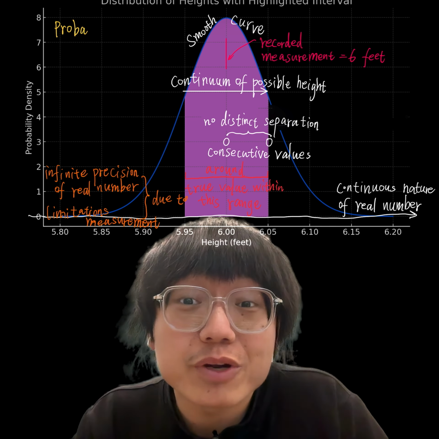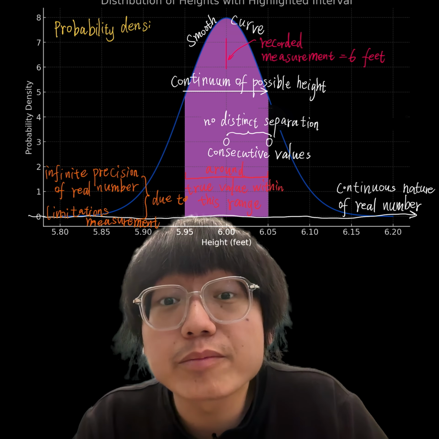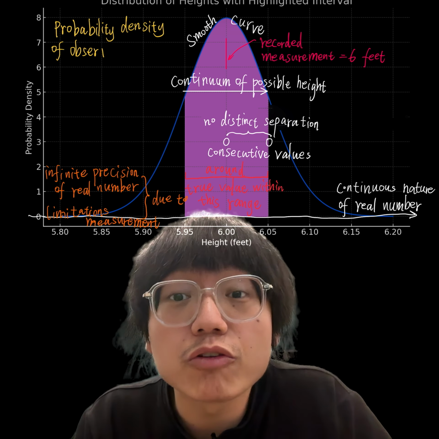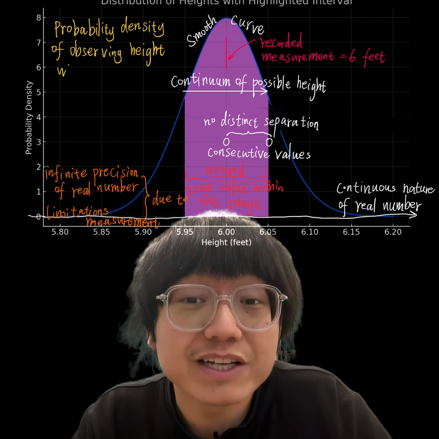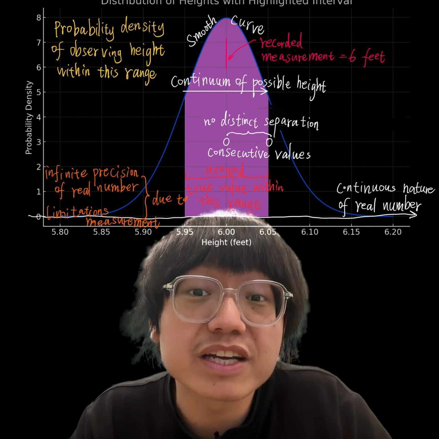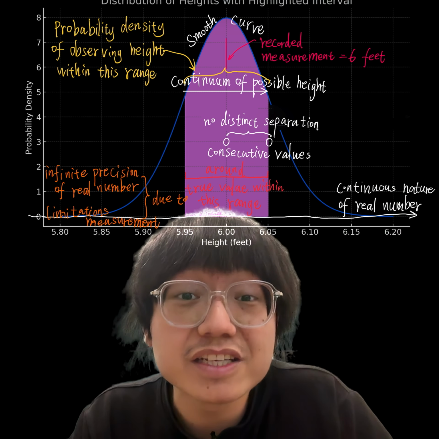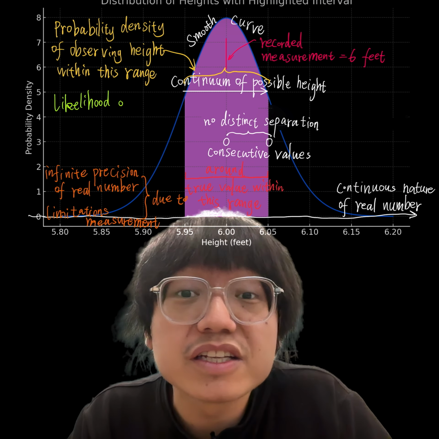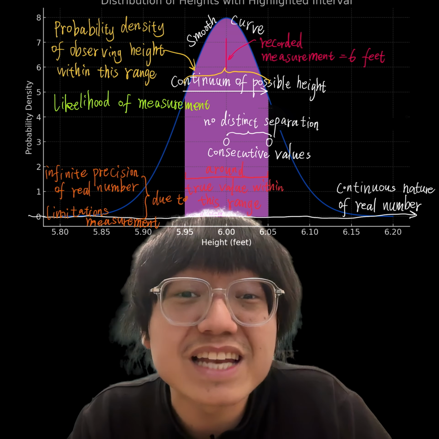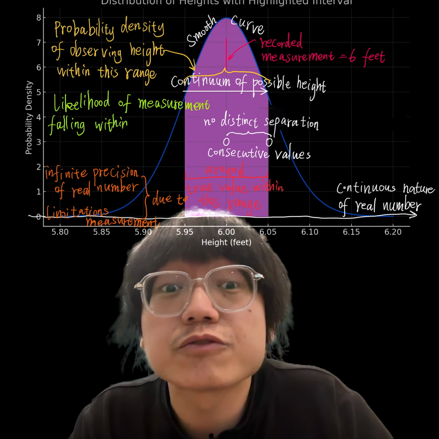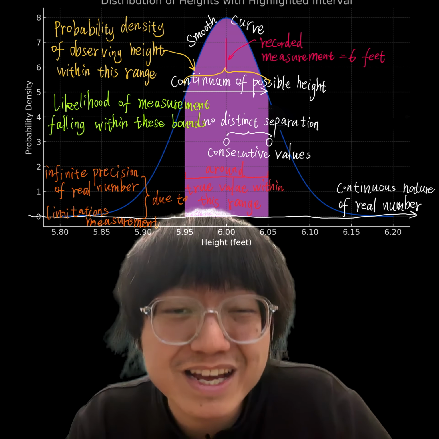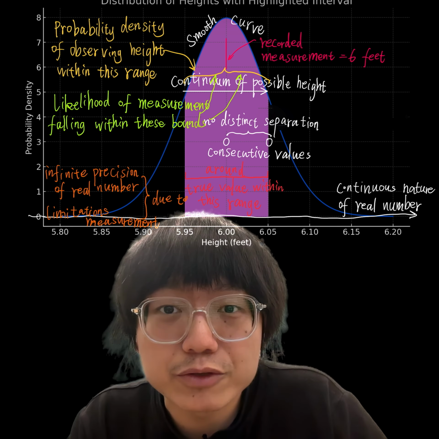This shaded area under the curve between 5.95 and 6.05 feet shows the probability of observing a height within this range, quantifying the likelihood of measurements falling within these bounds rather than at any exact value.